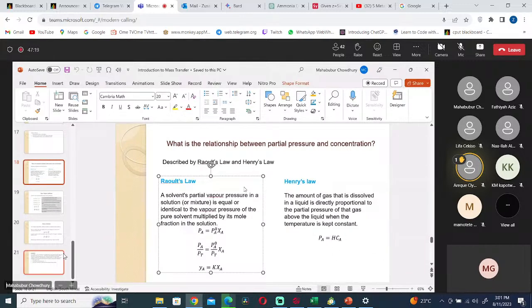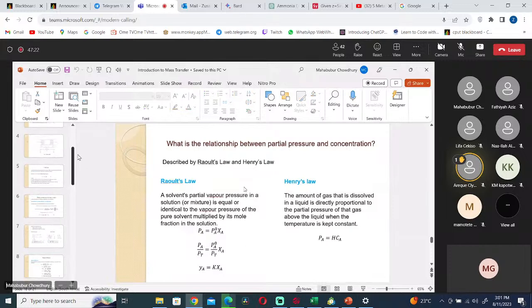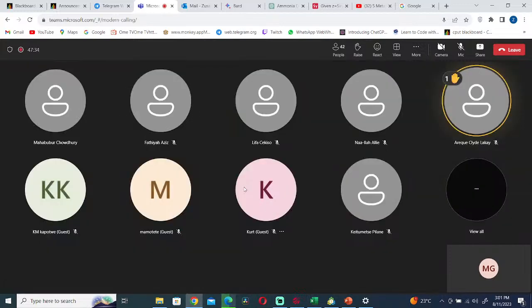What we are going to tackle next is convective mass transfer, which is similar to convective heat transfer. We will see a lot of correlations like Schmidt number and Sherwood number, similar to what we have seen in the heat transfer process.